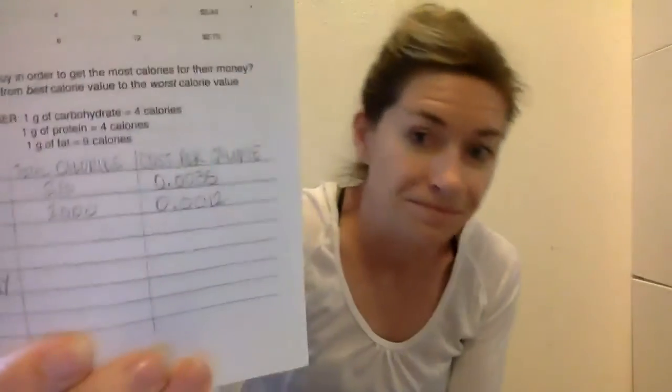Okay. Now we take the cost and we divide it by the calories. So 2.5 divided by 2,000. Right?